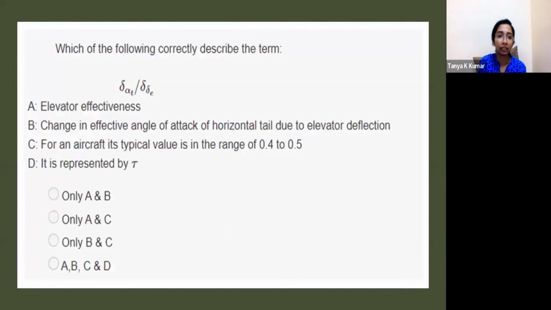Okay. Which of the following correctly describes this term delta alpha T by delta E? This term we have used in these equations. What is this term represented by? Is it elevator effectiveness? Is it elevator effectiveness delta alpha T by delta E?